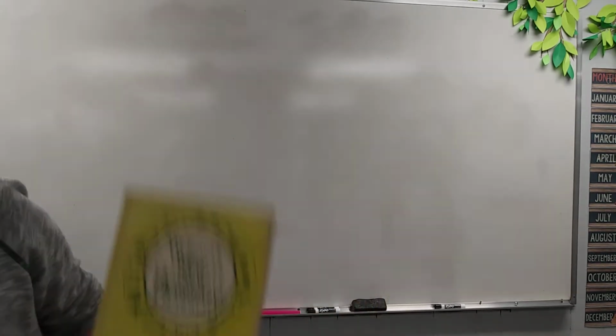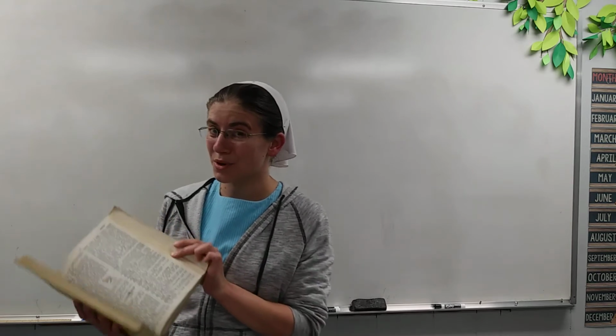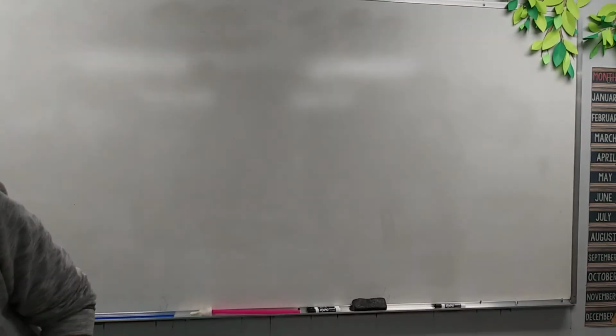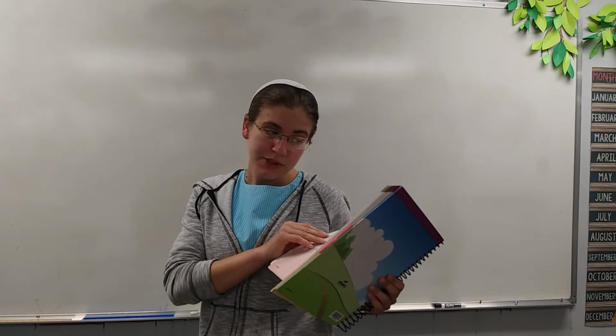So, we know this is a dictionary, and it's a whole book that tells us a whole lot about a lot of words. And a glossary is usually in the back of a book. So here I have my book, and the glossary is in the back. It just tells us more about things that we learned in your language book throughout the year.